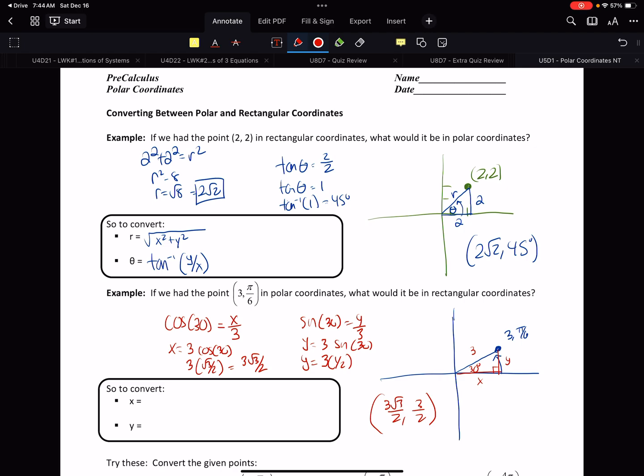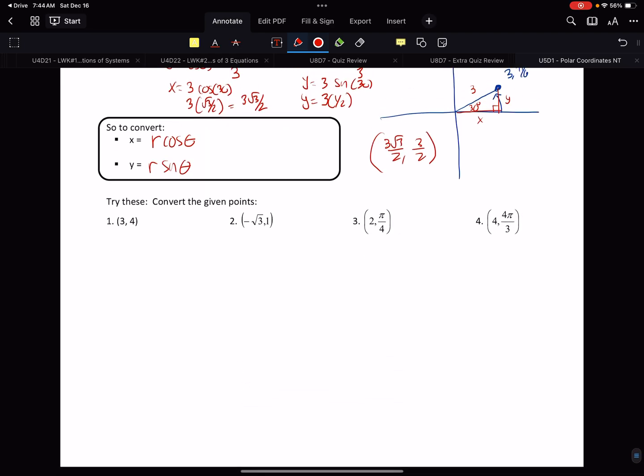x is always going to be r cos theta. y is always going to be r sine theta. Every time. All right, so if we look at some examples here, converting between the two. I got (3, 4), so r equals the square root of 3 squared plus 4 squared. r is 5.